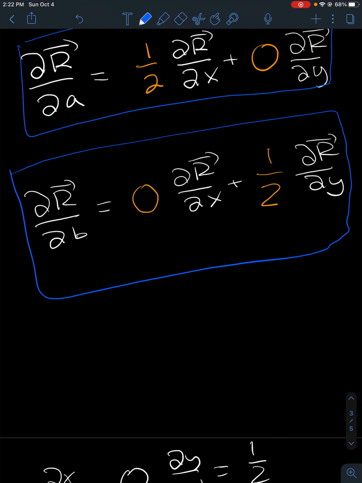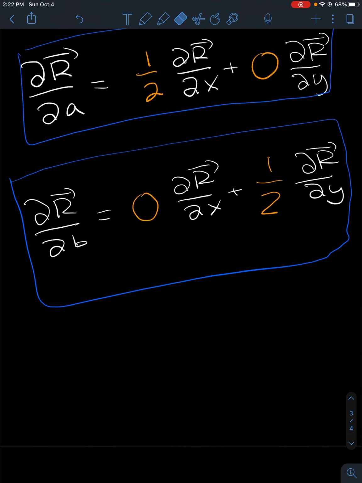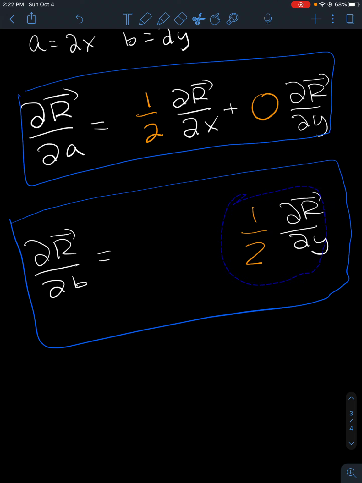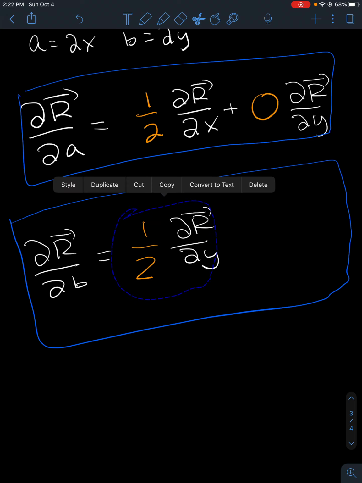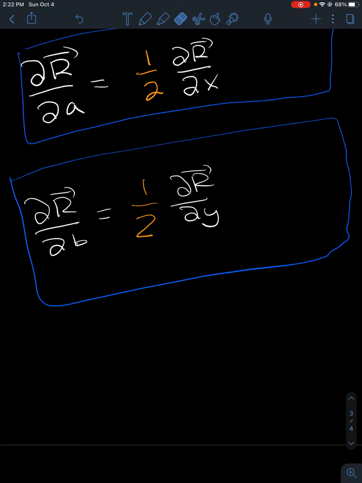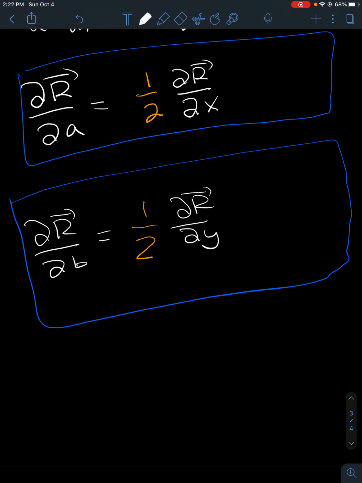So, let's actually simplify this from there. This whole thing goes to 0, so we can just ignore that. This whole thing goes to 0, so we can just ignore that. So, that means the a vector equals 1/2 of the x vector.